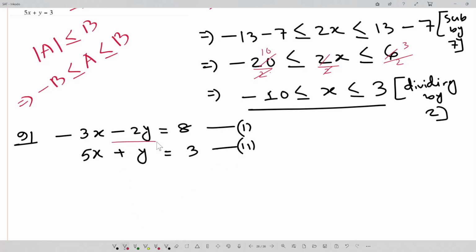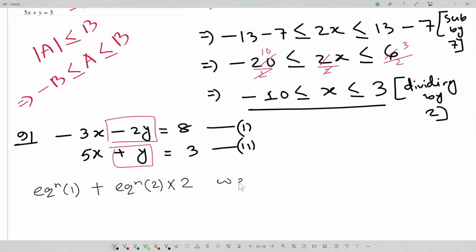Here is minus 2y and here is plus y. So if we multiply equation 2 by 2 and then add it to equation 1, we can write equation 1 plus equation 2 times 2.